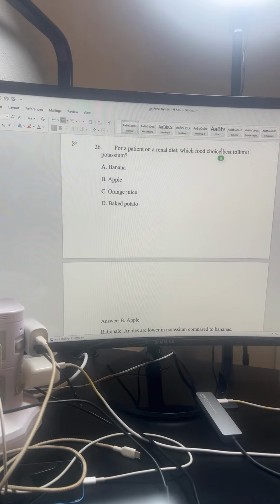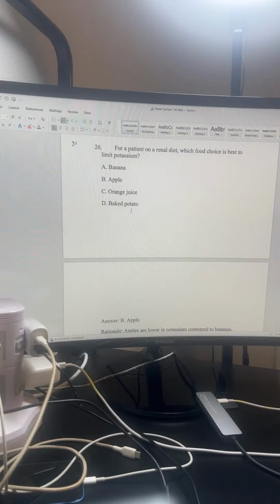When you say avoid, it would be banana, potatoes, and orange juice, which are high in potassium. So it should have read, for a patient on a renal diet, which food choice is best to limit potassium? So it's going to be apple. B, for real.